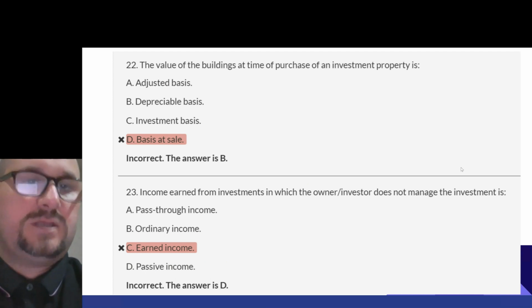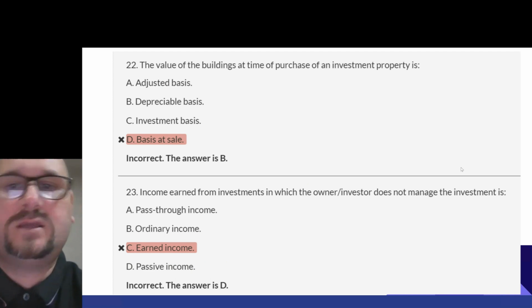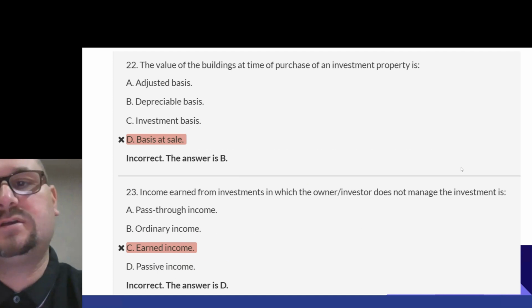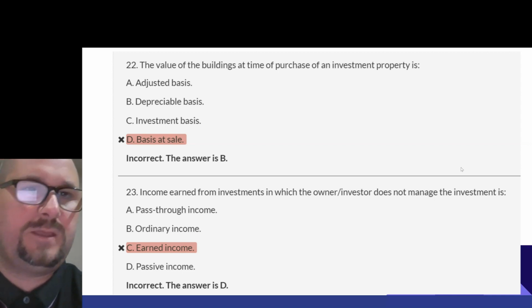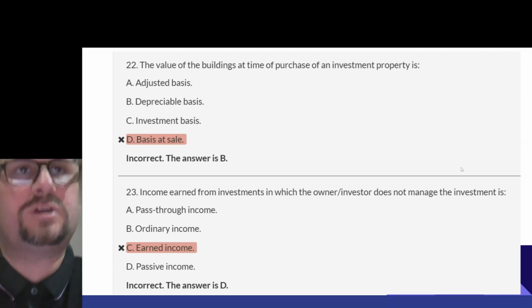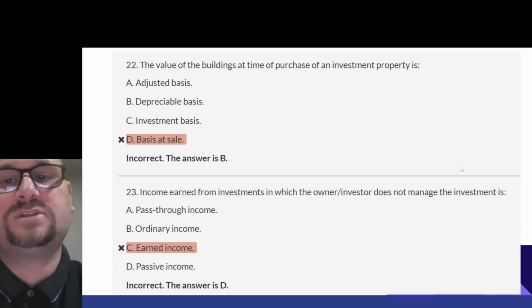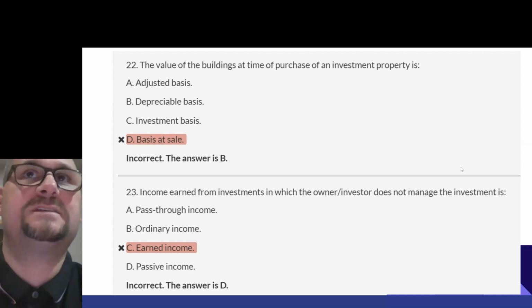Income earned from investments in which the owner investor does not manage the investment is delta, passive income. When you earn money from your investments and the owner or investor does not manage the investment, that's called passive income.